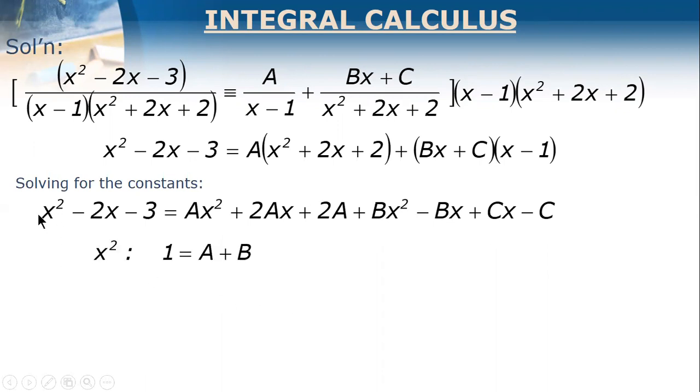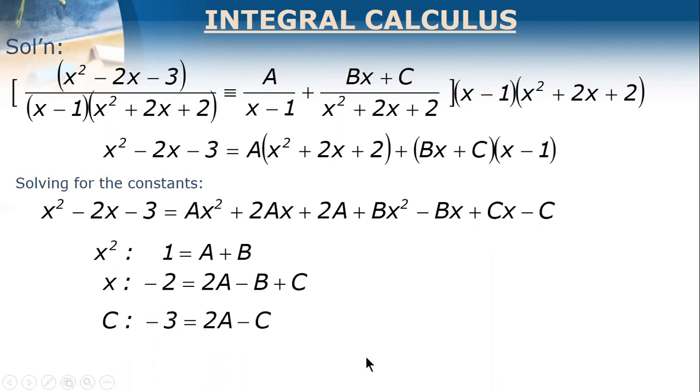For x squared, on the left side we have 1. The coefficient on the right side is A plus B. For x, we have negative 2 on the left. On the right, we have 2A minus B plus C. And then the last one is the constant. On the left, we have negative 3. On the right, we have 2A minus C.